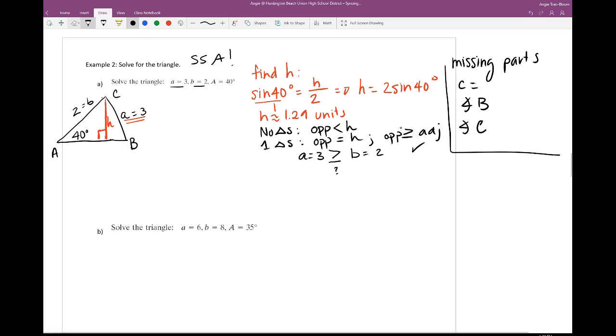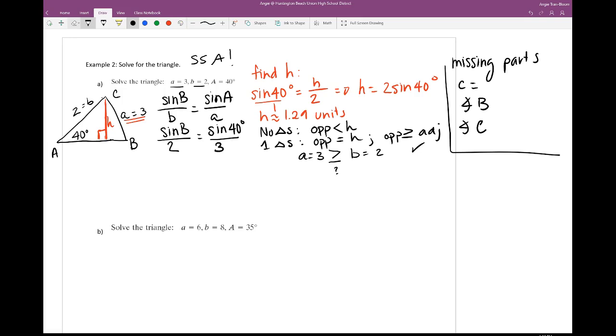So here we go. The easiest one for me to find right now is angle B. So sine of angle B over leg B equals sine of angle A over leg A. Angle B is unknown, so I'm going to keep it as B. Leg B is 2, angle A is 40 degrees, leg A is 3.